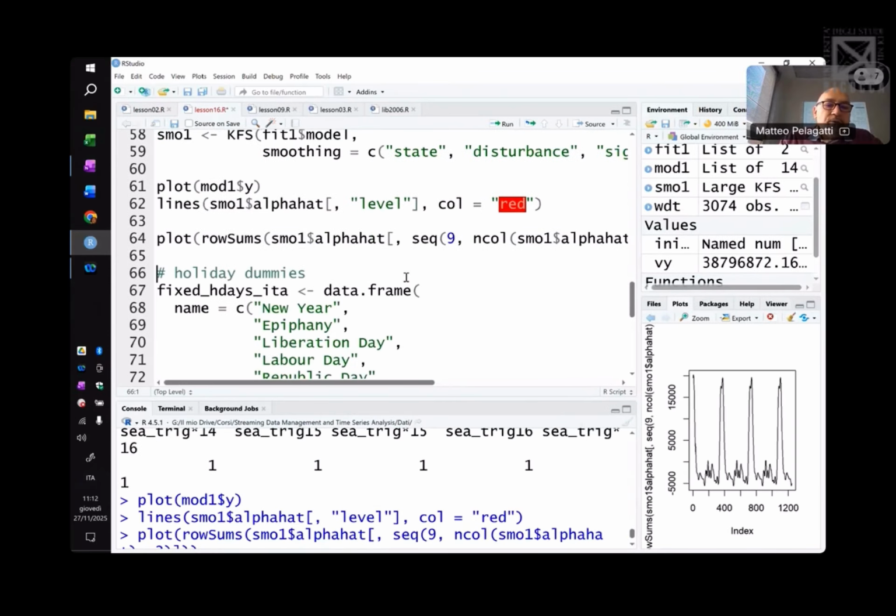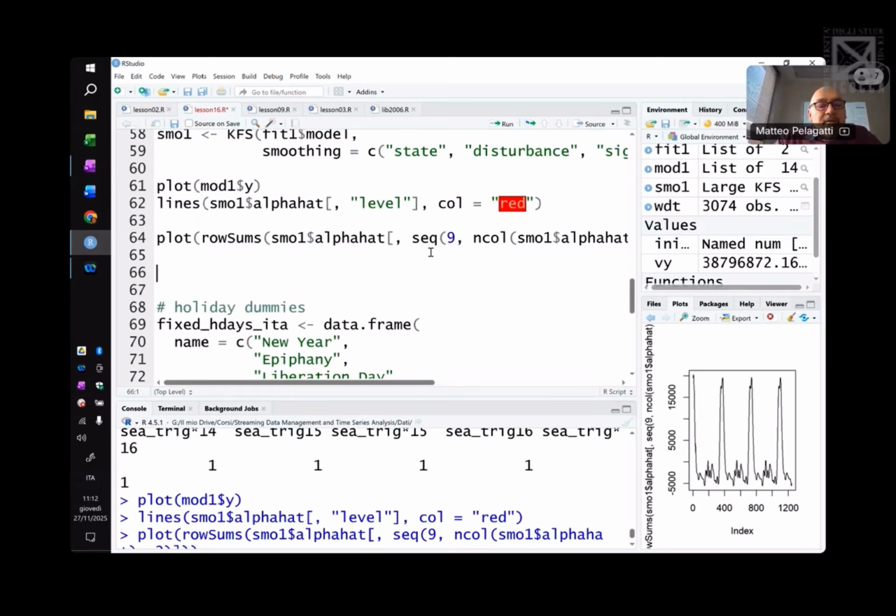What I wanted you to see is could we maybe identify the holidays, the relevant ones at least, by looking at the auxiliary residuals.